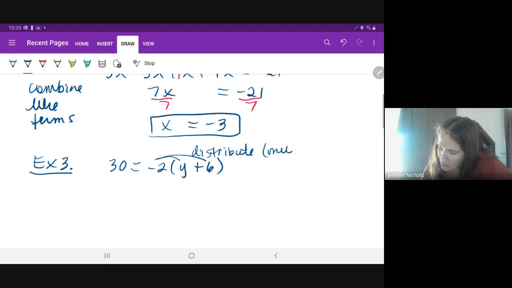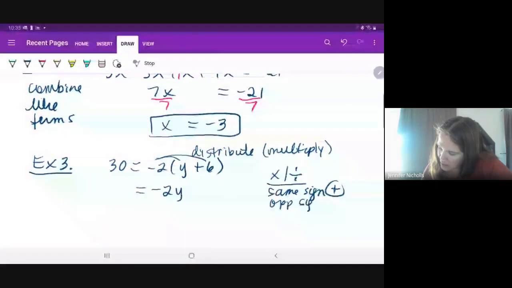Okay, so -2y, and then when you're multiplying and dividing, if you have the same sign, it's plus, and if you have opposite signs, it's minus. So -2 times 6 is actually -12.